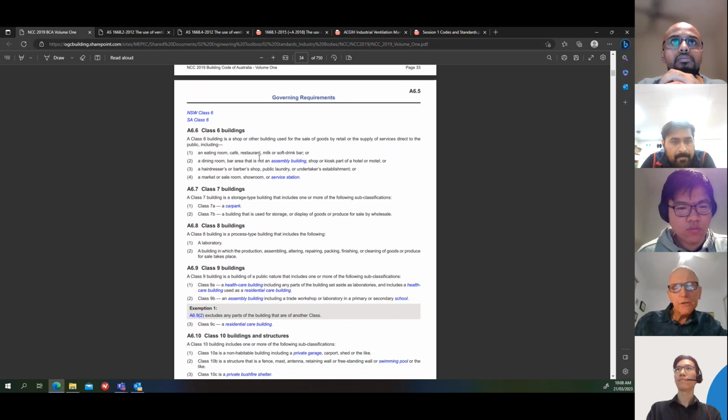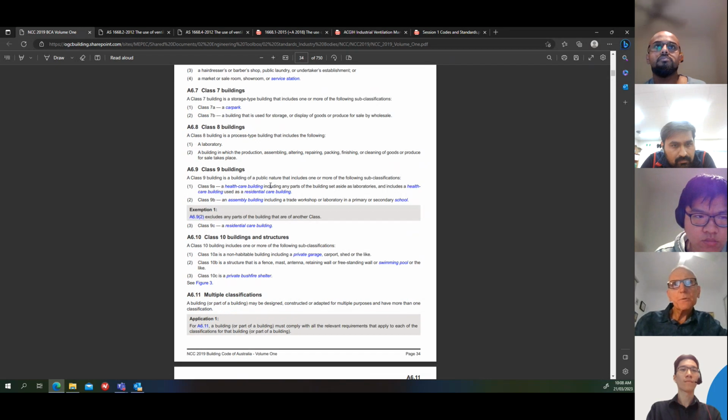Class 6 is basically a shop type environment. So there's a few different things there, but basically it comes under shops and shopping centres and so on. In Class 9, 9A is a healthcare building, a hospital, for instance. Class 9B is an assembly building.